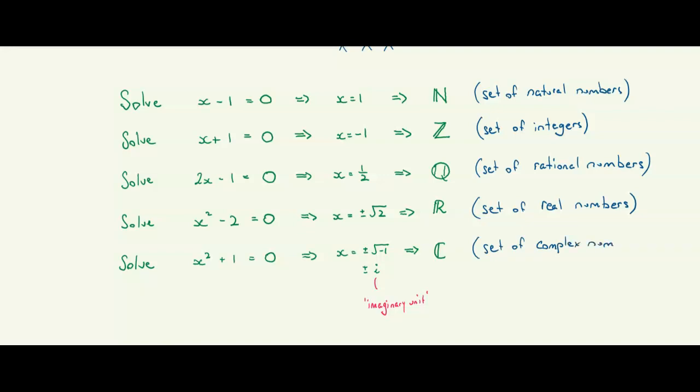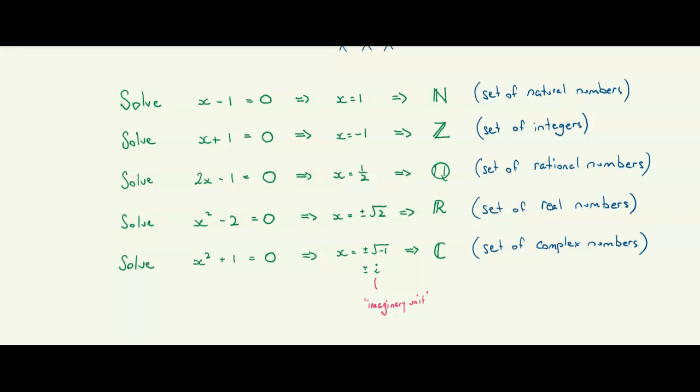Now that completes. There are no more sets of numbers. It's not like in 6 months' time I'm going to reveal something else. Some other set of numbers is going to pop up. Every algebraic problem can be dealt with, and we can find solutions using the complex or the real or the rationals or the integers or the natural numbers.